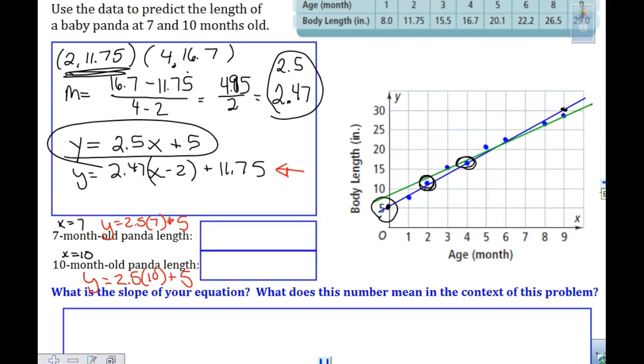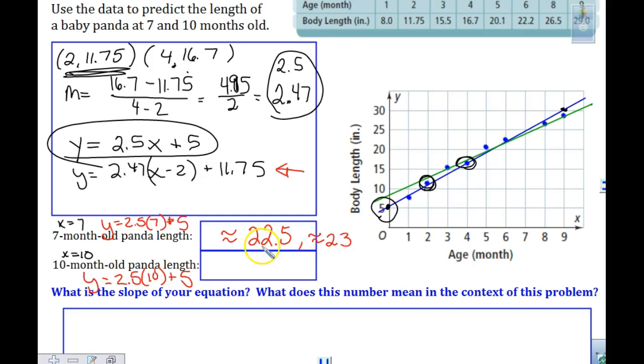In this case, the first one, 2.5 times 7 plus 5, came out to be about how many pounds? You guys calculated it, right? Put that in your calculator. What did you get? 22.5 pounds. Could someone have done it with the other equation, got a different answer, and said, oh, I think it's about 23 pounds?